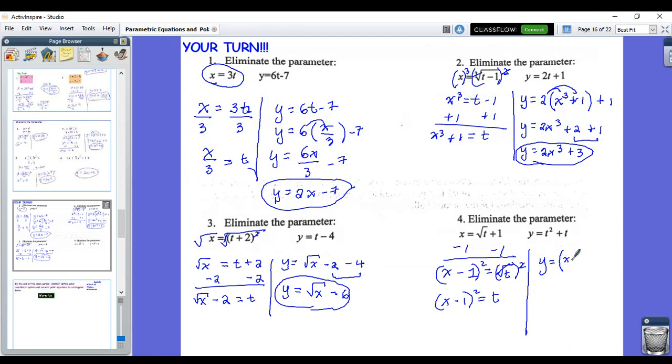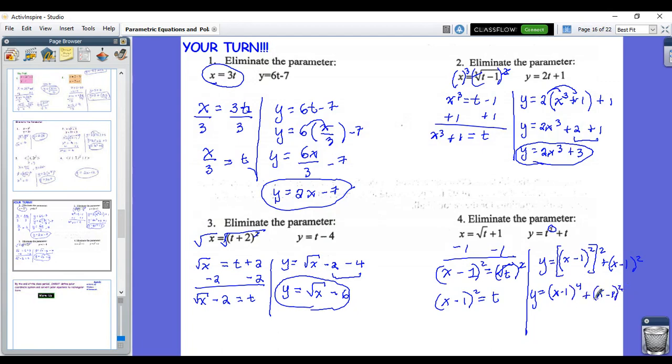I'm going to use brackets so that I can raise the whole quantity by 2 because of this exponent right here, plus my t is x minus 1 to the second power. All right, so I think I can simplify the first term. So that's y equals x minus 1 to the fourth power plus x minus 1 to the second power.